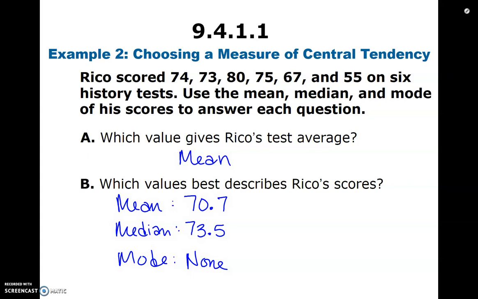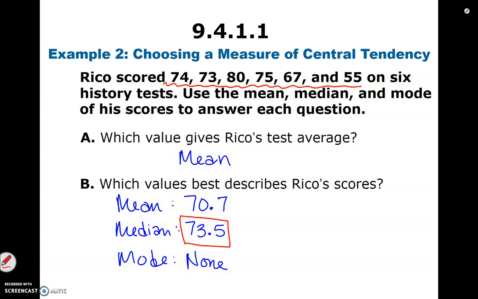And if somebody said to Rico, how do you typically score on a test? And he said, about a 70.7. That doesn't seem representative of his typical scores. They're typically higher than that. They're typically around this 73.5 score. So I would say the median would be a better measure of his test scores.